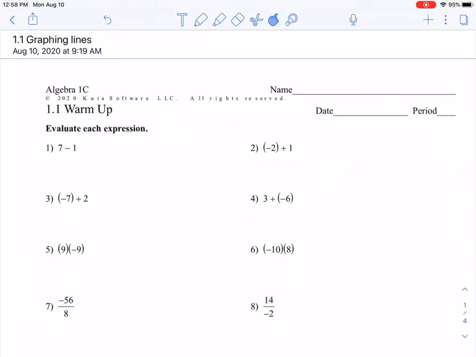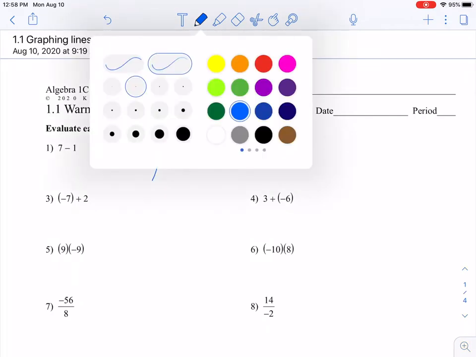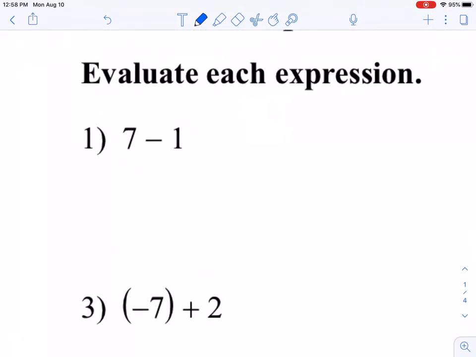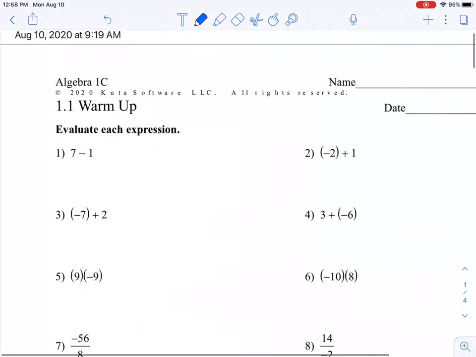Every class we're going to begin with a warm-up. On the warm-up, we are going to always work on some integers, positive, negative numbers.